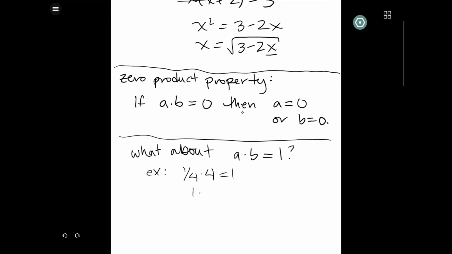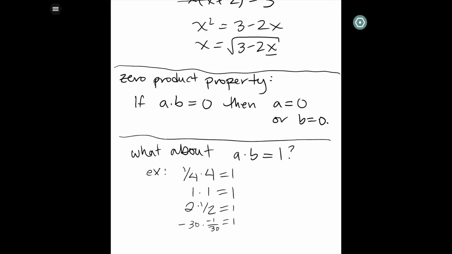We could have 1 times 1. We could have 2 times 1/2. We could have -30 times -1/30. So, I mean, I guess we know something. We know that the numbers are reciprocals, but we absolutely cannot draw any conclusions about what a is or what b is. So this property is very, very specific to 0.